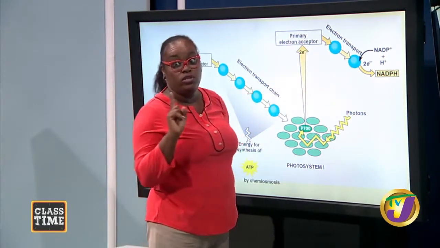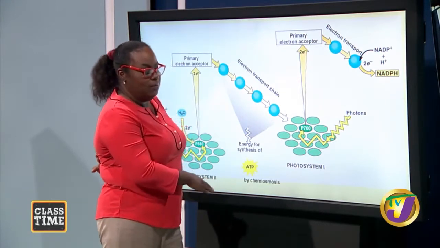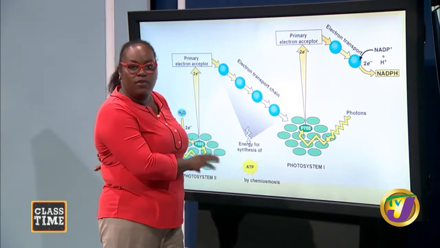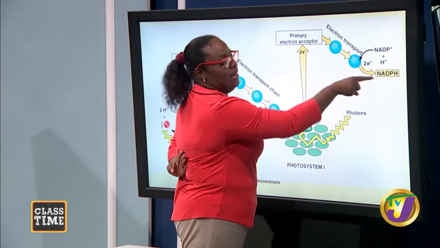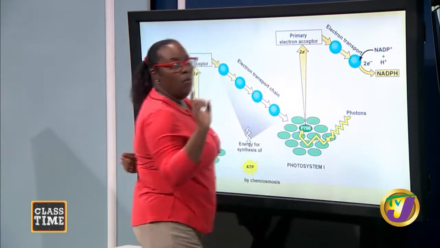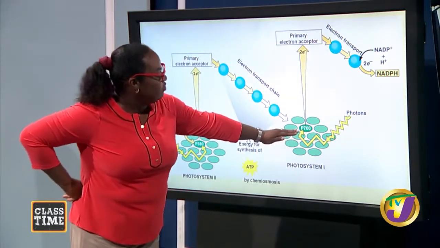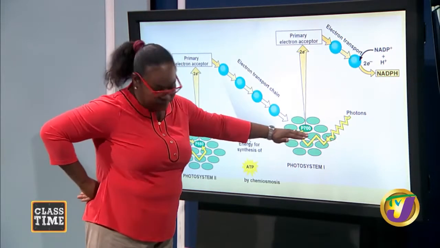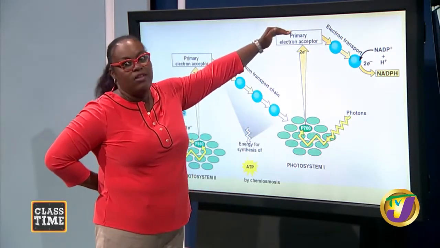Now I want you to notice something. Most of us are familiar with ATP. We know that ATP is the energy currency of living organisms, of living cells. But a lot of us may not be familiar with NADPH. I want you to take a note that the electrons came from this level, from P700, and were shot up to a higher energy level.